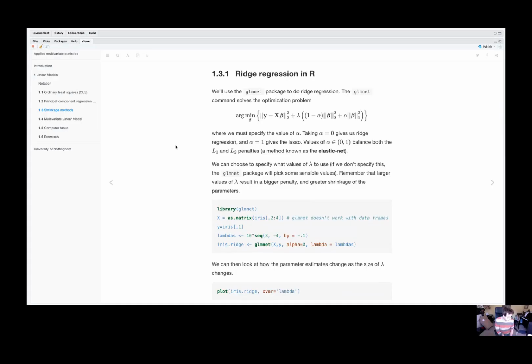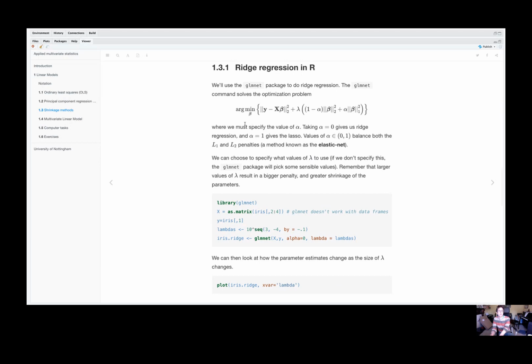Okay, so let's look at an example and look at how we do this in R. Now we're going to use the glmnet package, the General Linear Model Net package, to do ridge regression. So this package doesn't quite solve the optimization problem we had, but a closely related, more general one.